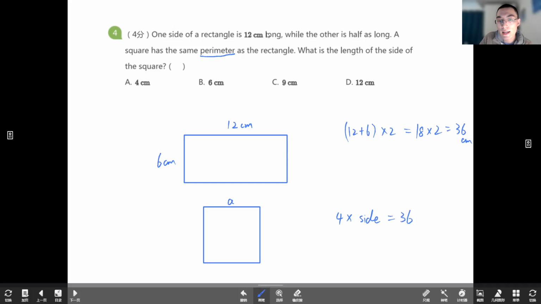So to find the side length of the square, we simply need to do 36 divided by 4. And we know that the side length, which usually in mathematics we use A to represent, will be 9 centimeters for the square. So for the answer to this question, what is the length of the side of the square? The answer is C, 9 centimeters.